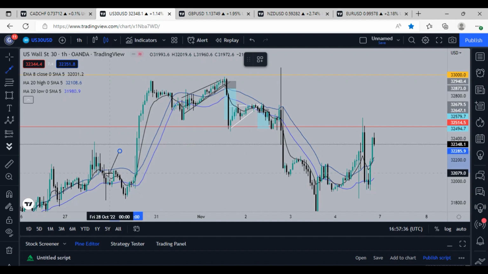Price came over here, bought, broke the resistance, came back and respected the psychological level. Now, I knew that I'd be looking for sales once price got to this level because it's a psychological level. So price could reverse over there. And that's what price exactly did. It respected, made a sell.